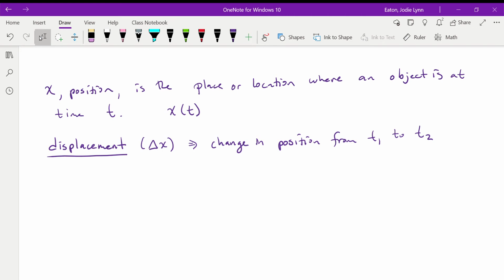It's just how far it's gone from t1 to t2.